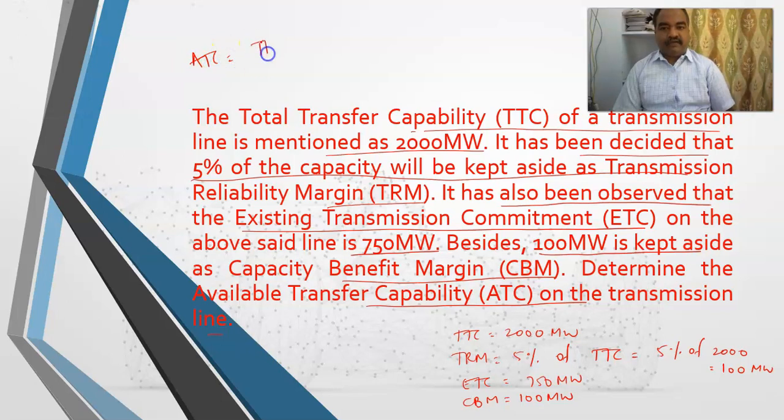You know the formula of ATC: TTC minus TRM minus sigma ETC plus CBM. If you substitute this, you will get the value of ATC. Very simple and direct problem.